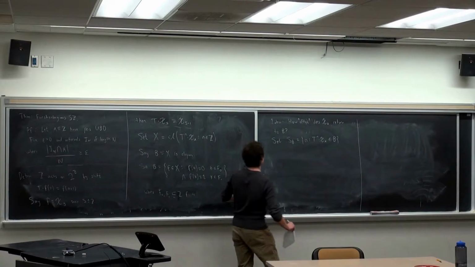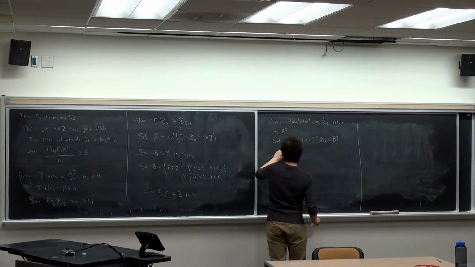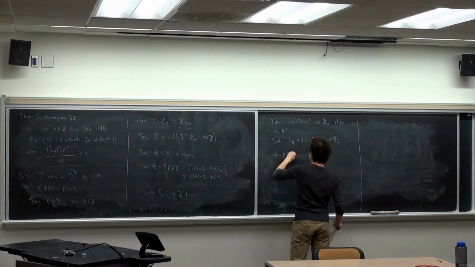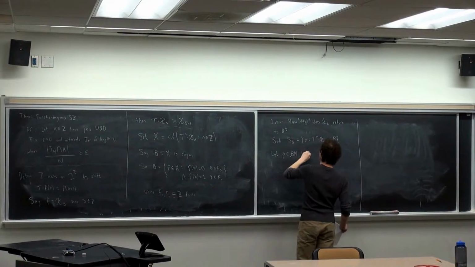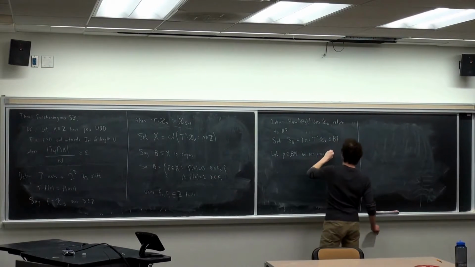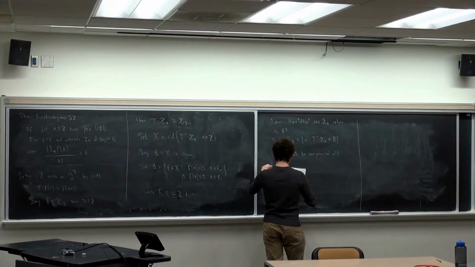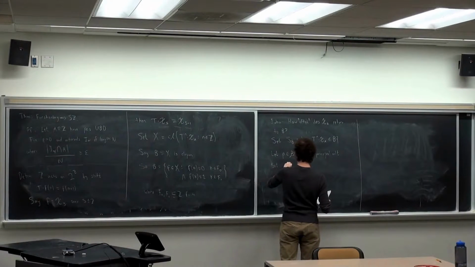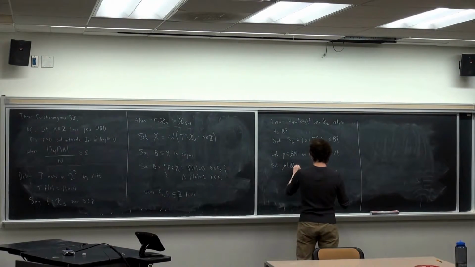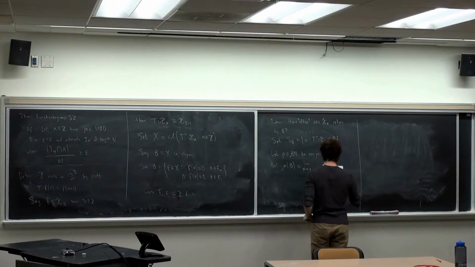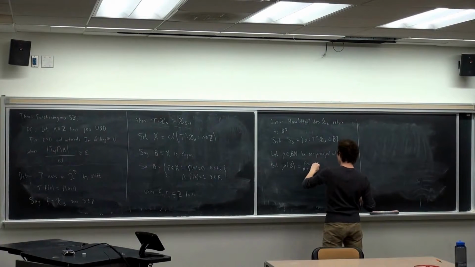But I'm going to phrase it this way. I'm going to let p in beta N be a non-principal ultrafilter, and I'm going to set the measure of B equal to the limit as n approaches the ultrafilter p of this quantity.